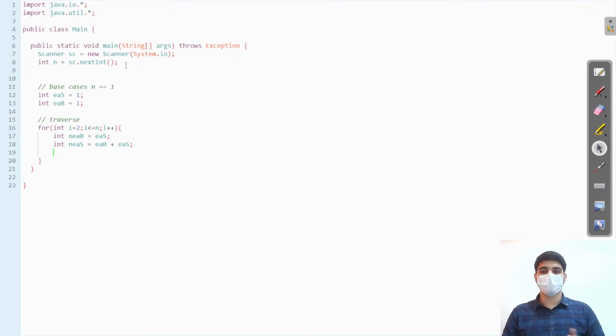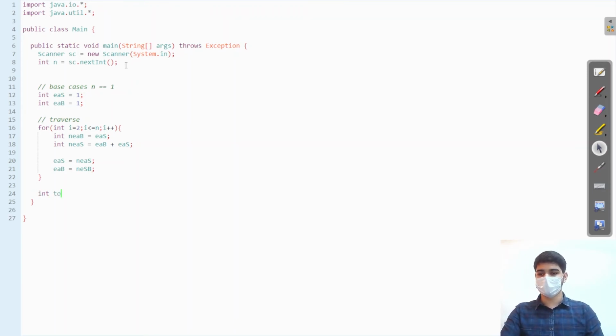After assigning values to the new state, I have to put those states to the previous state. So EAS would be equal to new ending at space, and ending at building, which is EAB, would be equal to new ending at building, right? Up till now, the code looks exactly the same as the previous one.